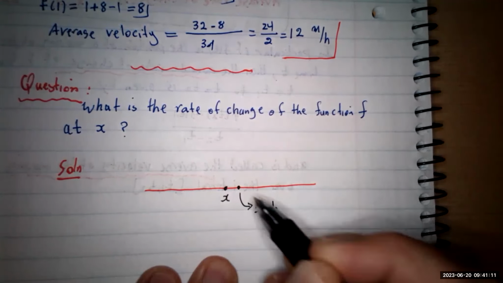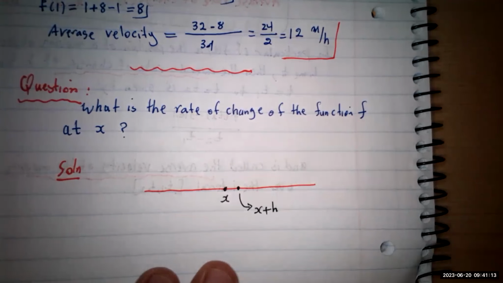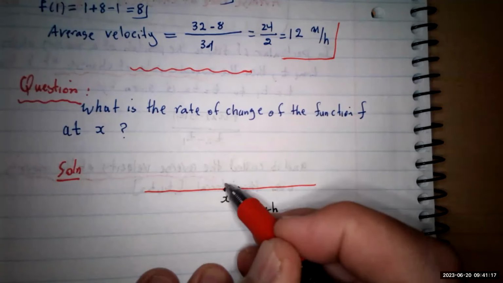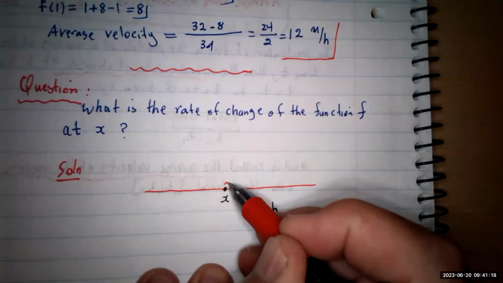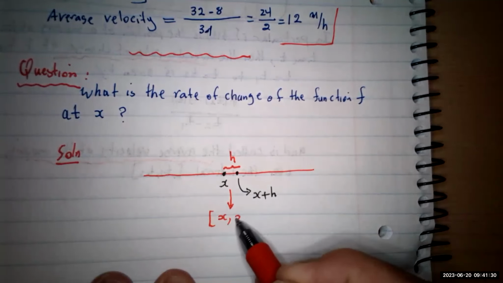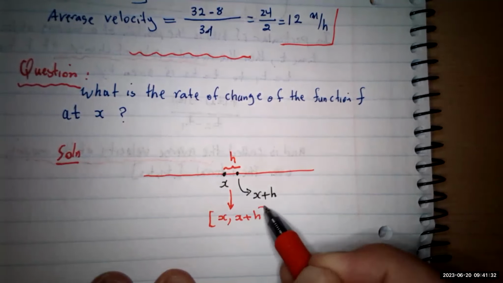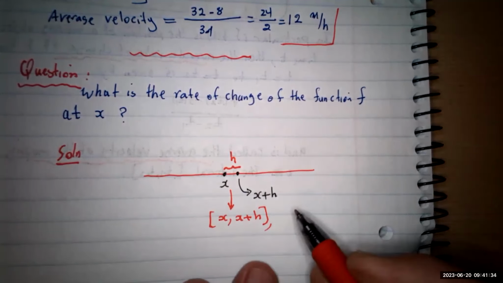H is that estimate that I'm going to have. H is very, very small. This portion over here is going to be your H. So I just make an interval, X and X plus H. You may ask, what is H?